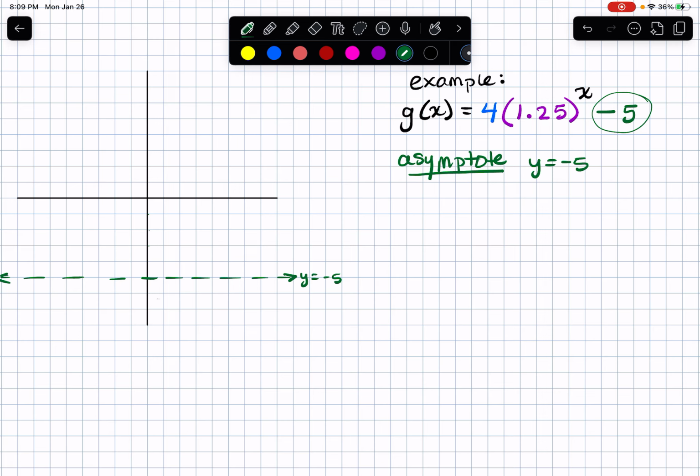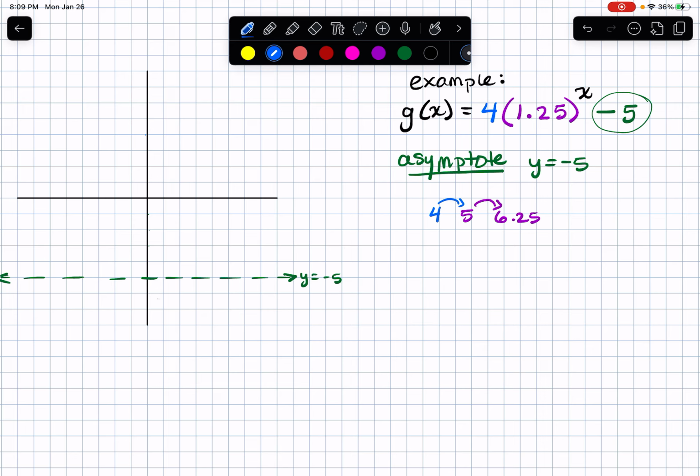Then I'm going to imagine for a minute that this graph did not have an asymptote. It starts with 4, then I multiply by 1.25. That would give me 5. 5 times 1.25 gives me, let's see, 6.25. So let's say I have my exponential growth like that.